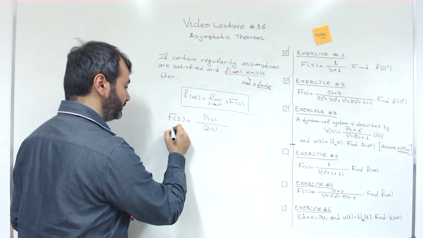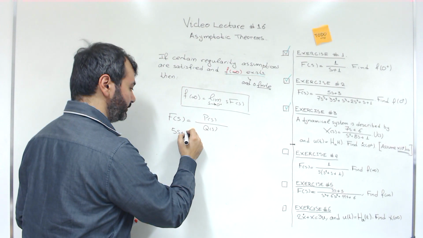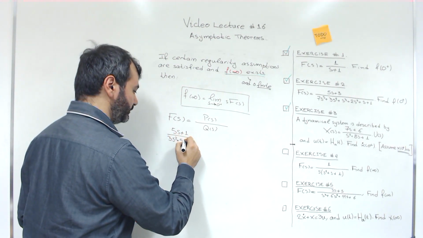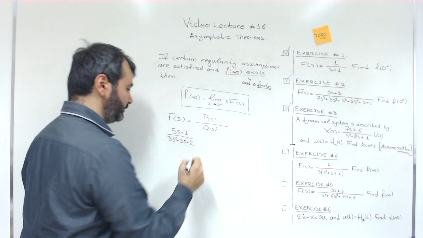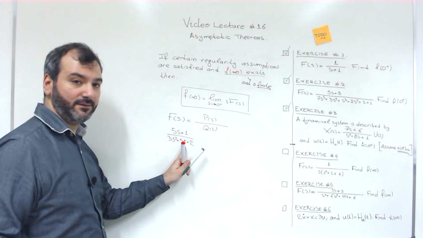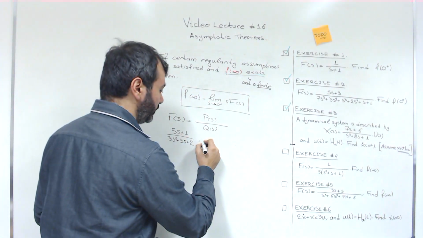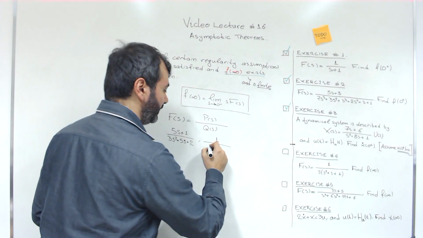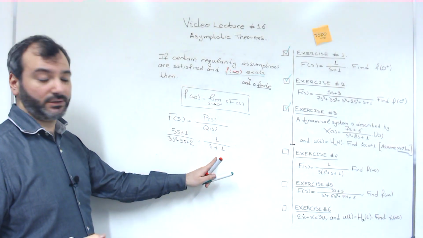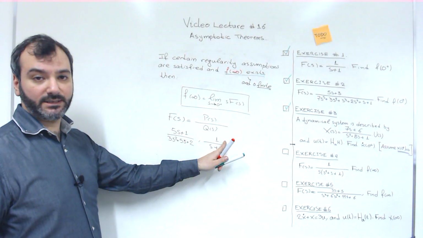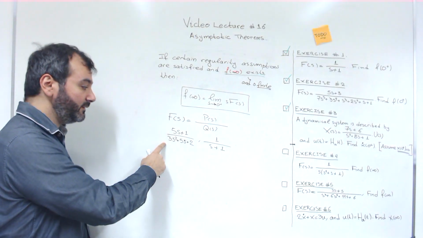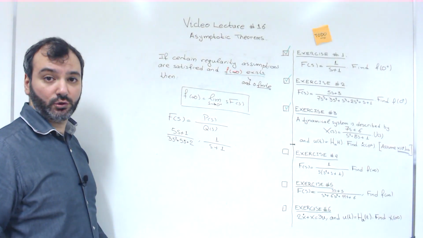For example, (5s plus 1) divided by 3s squared plus 5s plus 2, and so on. Or even 1 divided by s plus 1. This is a rational function. It is a polynomial of degree 0 divided by a polynomial of degree 1. Polynomial of degree 1 divided by polynomial of degree 2.